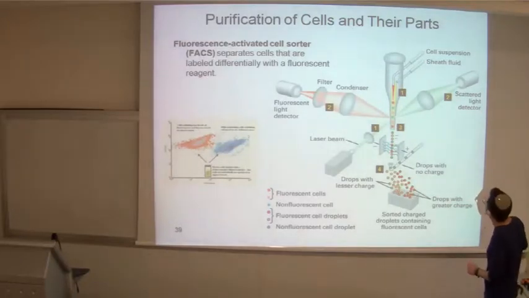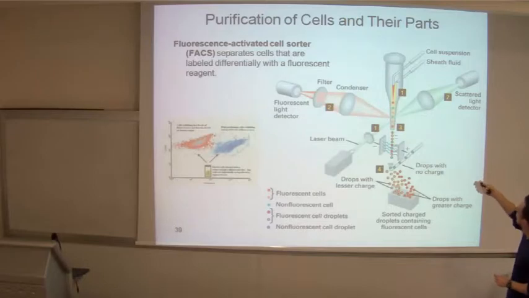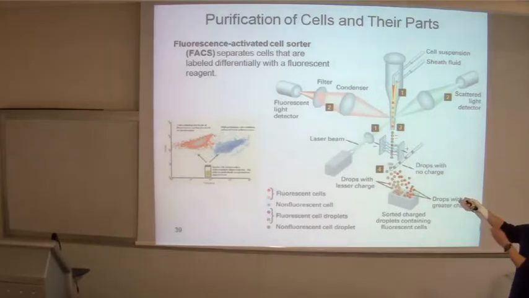Next what you have to do is take this cell suspension and flow it inside a tube in the machine, and the tube becomes narrower and narrower, up to the point that the cells are forced to pass one by one. And then they meet a system of detectors that have a laser beam, scattered light, and fluorescent light detectors.